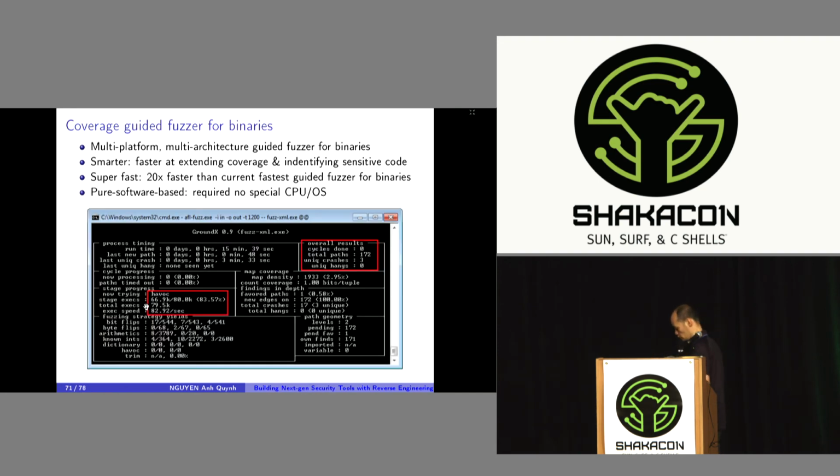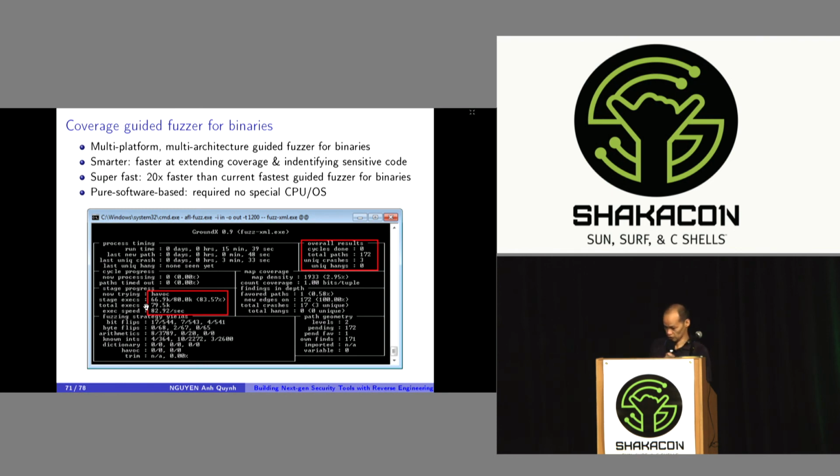Finally, there's one more tool. I built a guided fuzzer for binaries based on AFL using Capstone and Keystone inside. And one special thing is that this fuzzer runs on many frameworks and many operating systems, and supports many architectures because of Capstone and Keystone. And it's smarter, it's super fast, it's like 20 times faster than the fastest fuzzer you can find for binaries now.